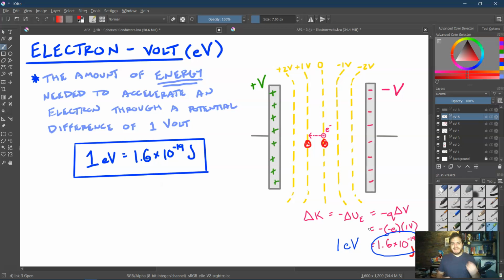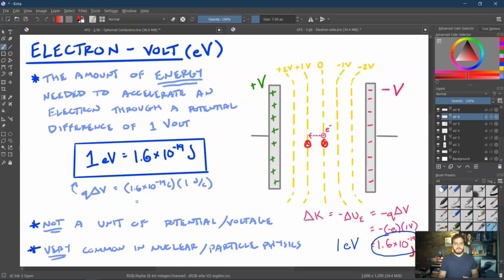So 1 electron volt is defined as 1.6 times 10 to the negative 19 joules. Once again, that's just from multiplying the charge of an electron by 1 joule per coulomb for 1 volt.